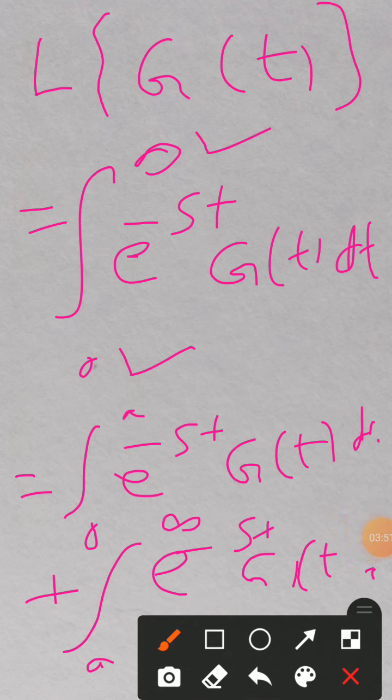So this whole integration 0 to infinite can be subdivided into two parts.